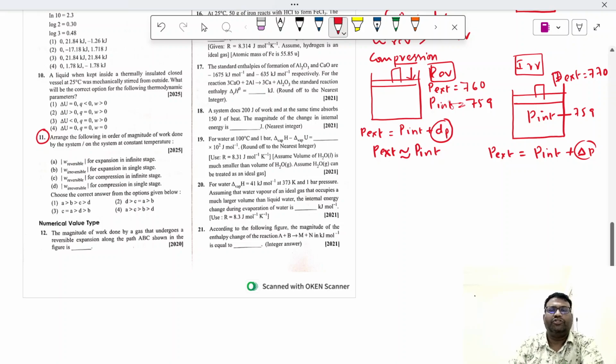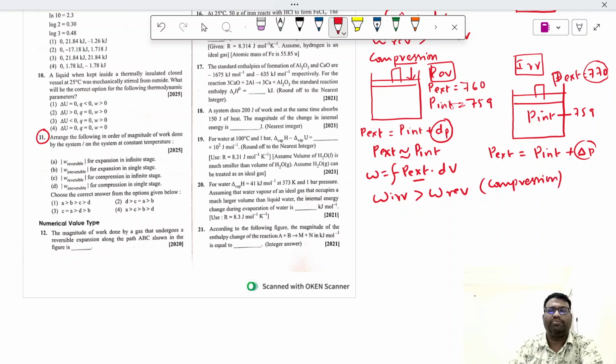Okay. So again, we know that the work done formula is equal to minus P external into dV. So more the external pressure, more the work done. Here, in which case is external pressure more? In the case of irreversible process. So work done in irreversible process is greater than work done in reversible process in the case of compression.